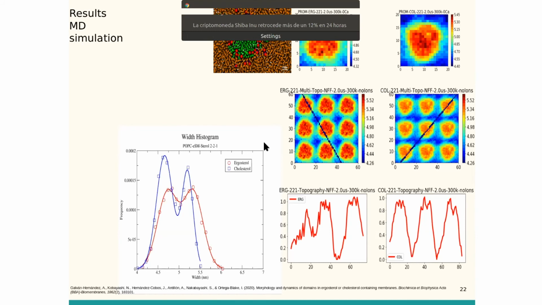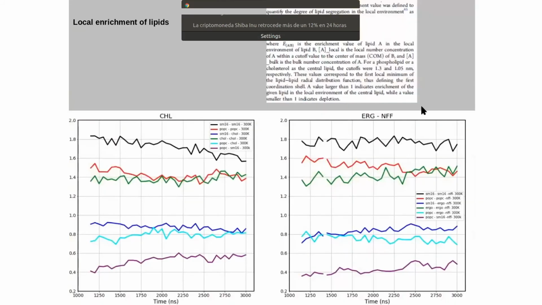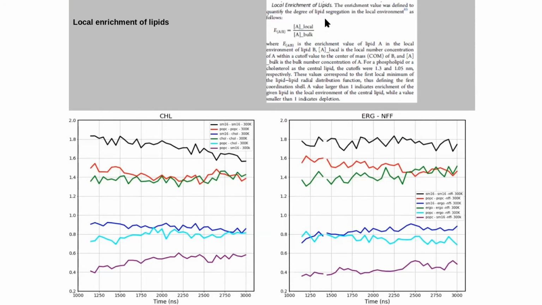I have confidence in this system that we could be using for many other things. But then we started looking at how this simulation behaves. And here you have the local enrichment of lipids. I hope you see it.